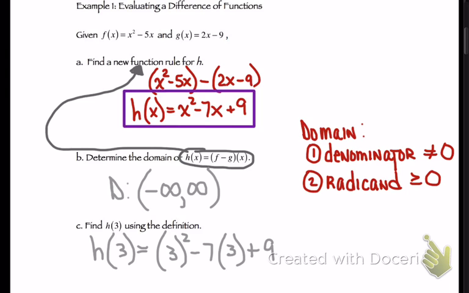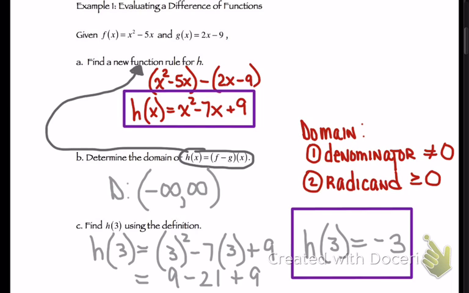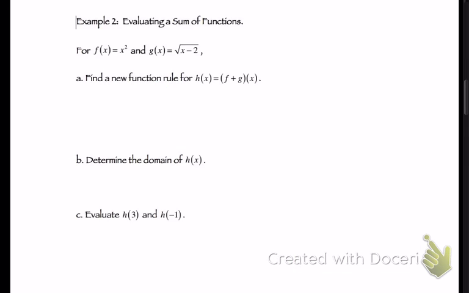Again, same deal. Put them in parentheses when you plug things in. Solve that. You should get an answer of -3. Okay, so we started with subtracting. Let's take a look, next one, at addition.